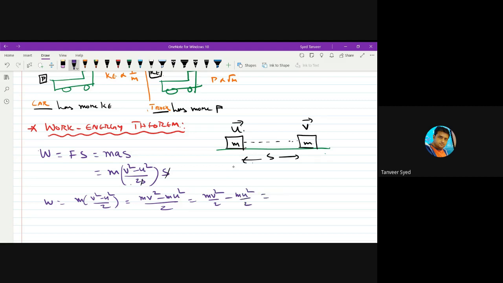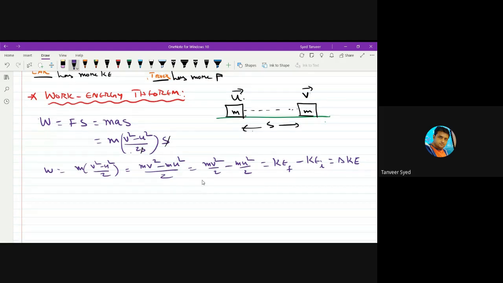Half m v square, kinetic energy. Which kinetic energy? Final kinetic energy. Minus m u square by 2. u is initial velocity. So m u square by 2 is initial kinetic energy. And what is final kinetic energy minus initial kinetic energy? It is the change in kinetic energy.